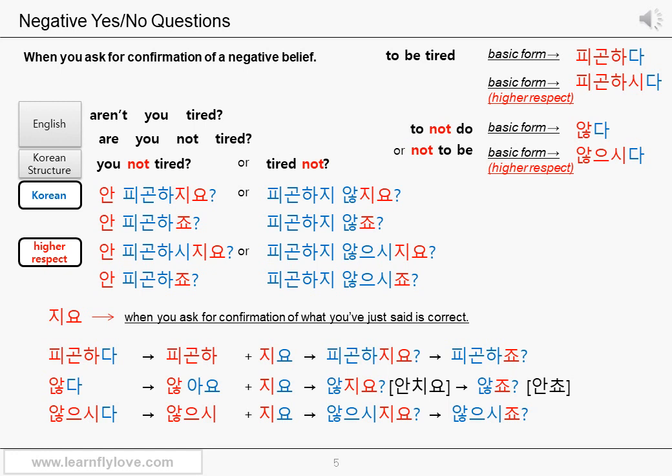As you know, Korean adjectives work like a verb when they are used as a predicate. Therefore, to be tired is going to be just a one word predicate in Korean. The translation of the adjective to be tired or to be exhausted or to be knackered, for those who speak British English, is 피곤하다. 피곤하다 in Korean.